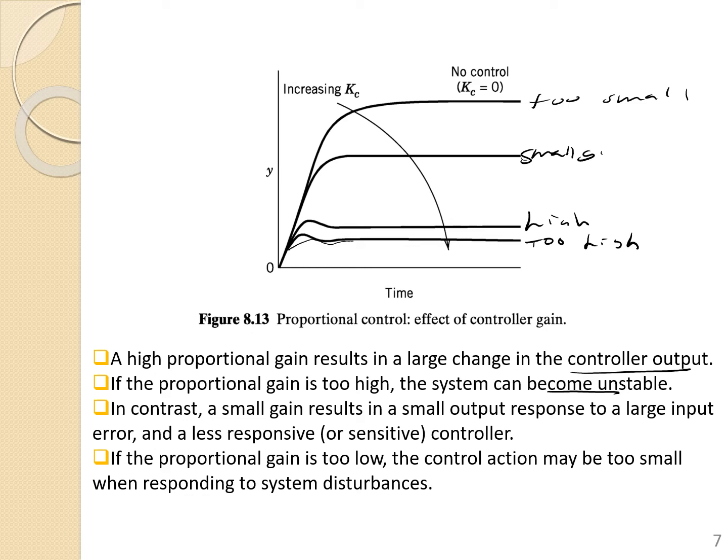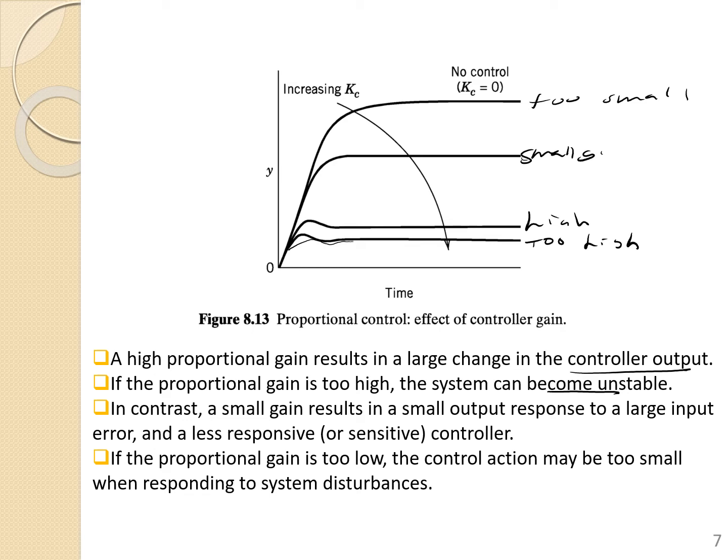So small they result in a small output response. That means if there is any deviation of the control variable from the set point, it cannot cater and cannot take a good action to make a correction for the final element.